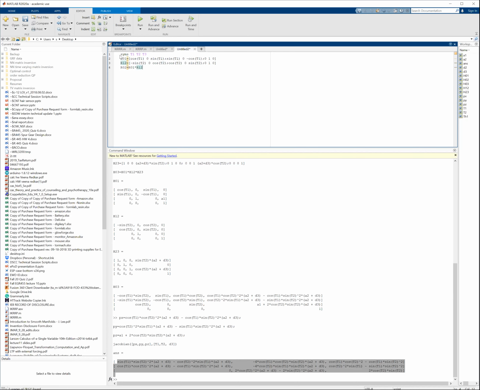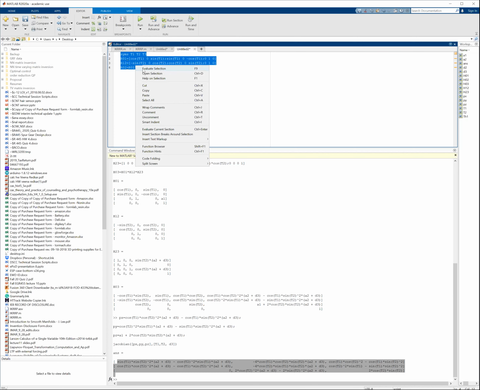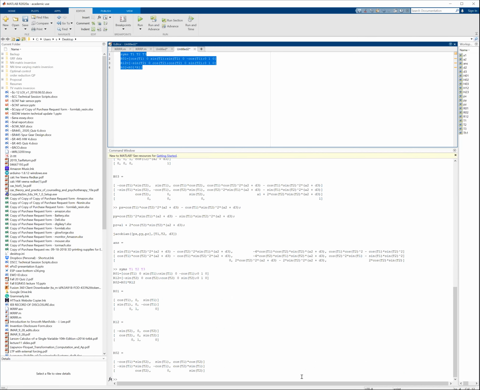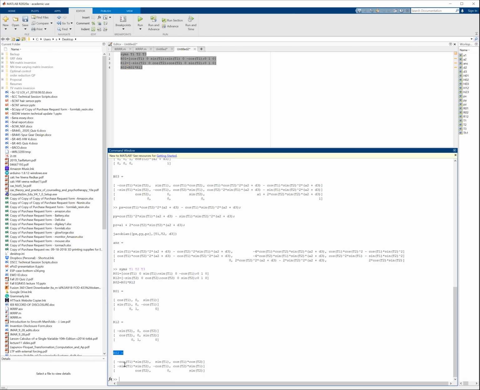I want you to check my transformation matrices. My first transformation matrix is correct, my second transformation matrix seems correct, and my third transformation matrix, which is R02, is the product of these two.